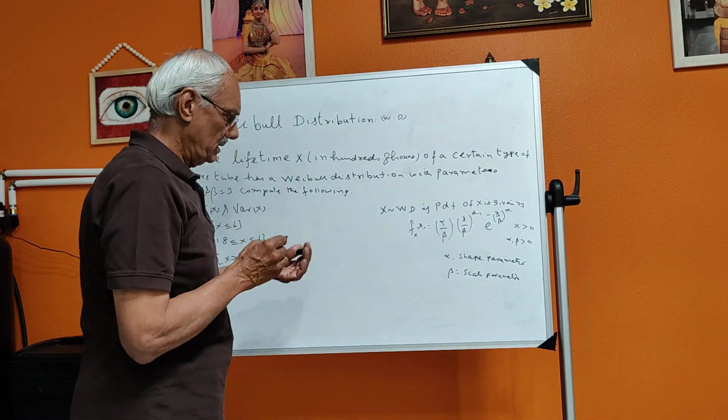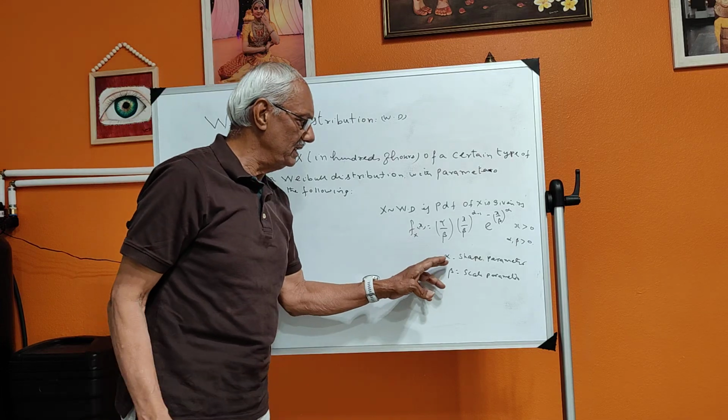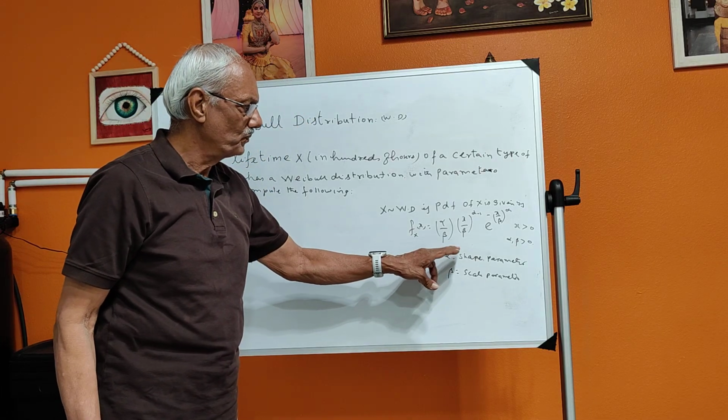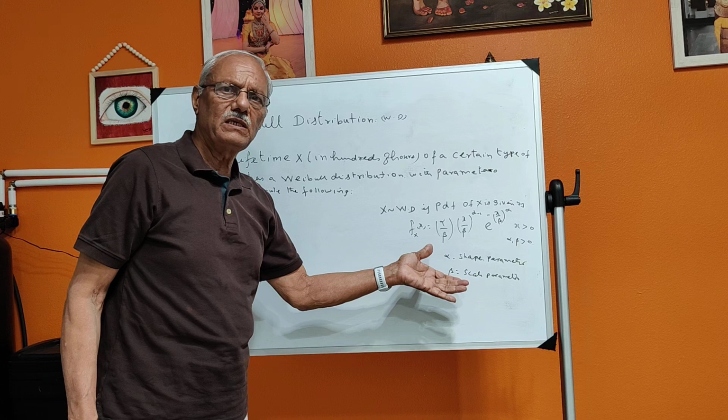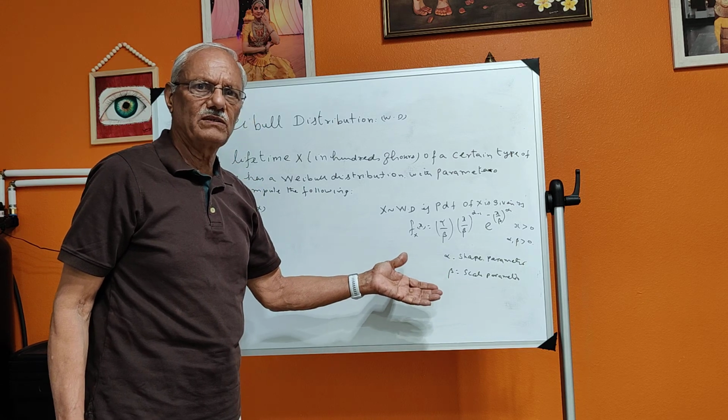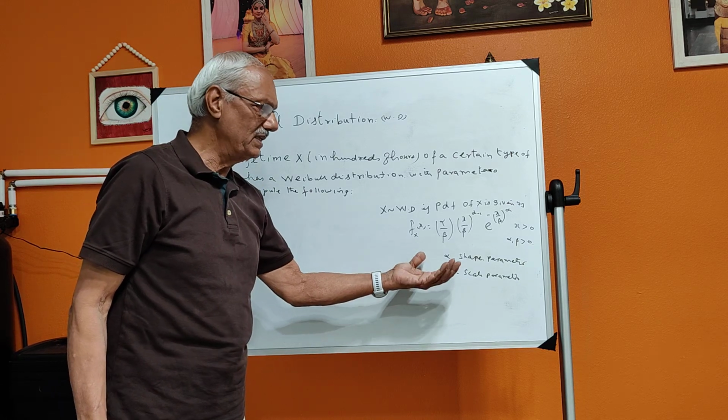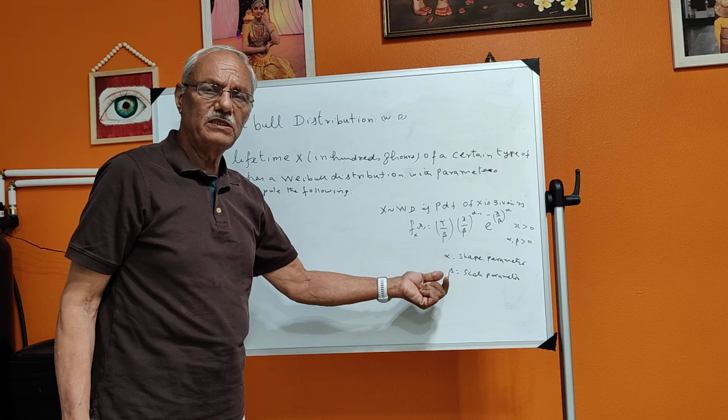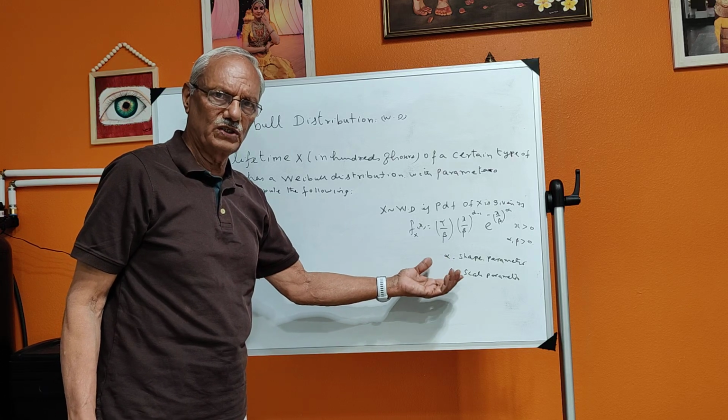And you see that if alpha is less than 1, the probability of the life of the components will be more. And if alpha is equal to 1, the probability of the life follows a random variable.